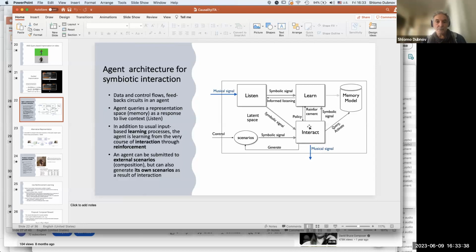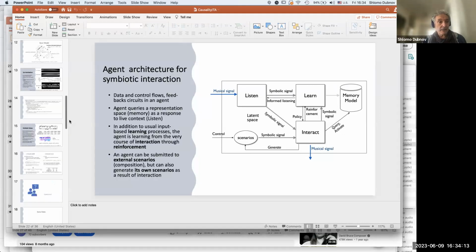So we're talking a little bit about policies, reinforcement learning, and of course there can be also another control and external input. You can call it scenarios that guide the choices in a way that is more predictable. Okay, so these are things that we didn't really go into in the class, but you can see that a lot of these algorithms, especially the machine learning ones, are required to enable such a system to work. So again, the scenarios and everything come in.